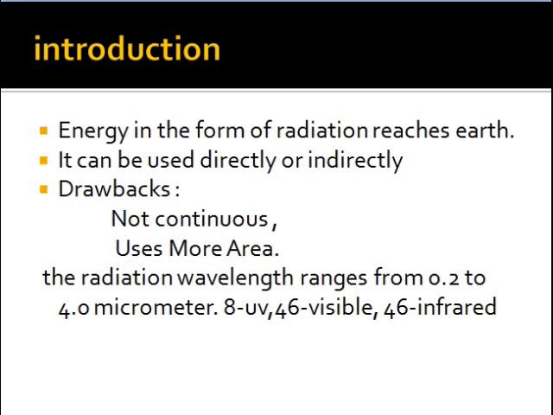So infrared is generally emitted by a hot body, so obviously it constitutes a major part of the bandwidth of the solar radiation. That is, 46% of the radiation is infrared radiation, starting from 0.78 micrometer till 4 micrometers.